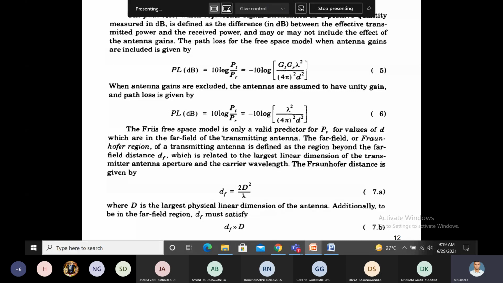Otherwise, the distance is called the Fraunhofer distance, that is dF, which is equal to 2D square by lambda. What I mean by capital D here is nothing but the largest physical linear dimension of the antenna.